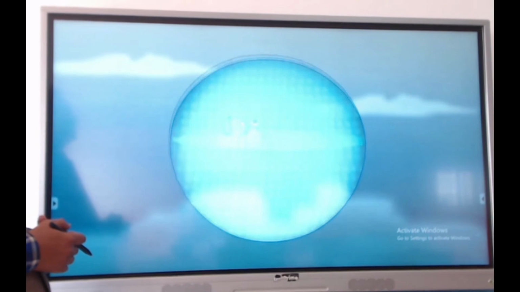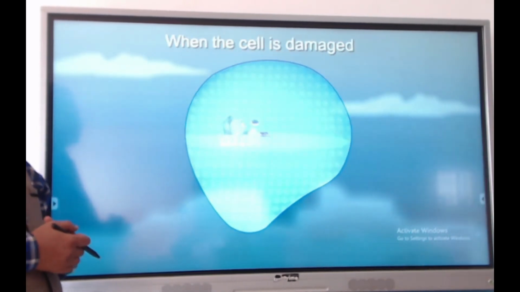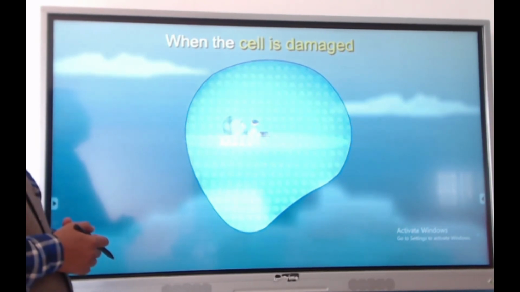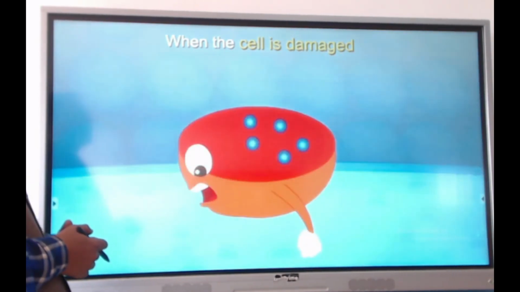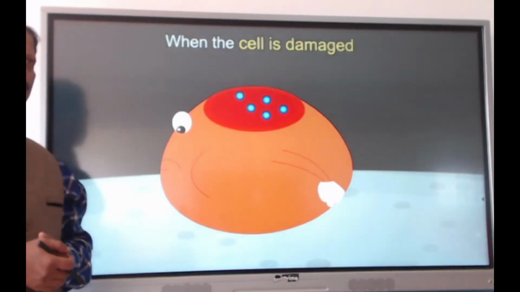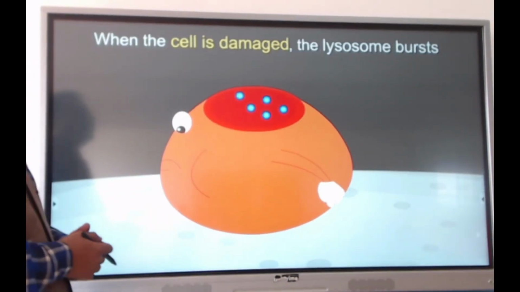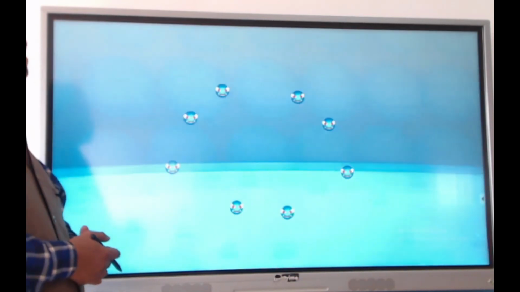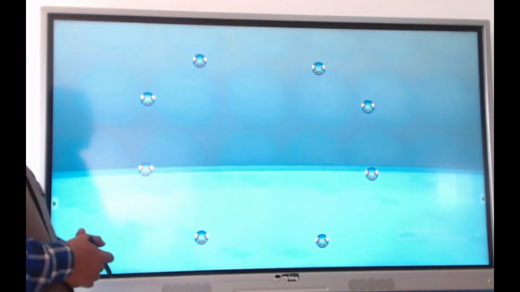So, the damaged cells are just digested by lysosomes. So, we are calling them the suicide bags of the cell or time bomb of the cell.